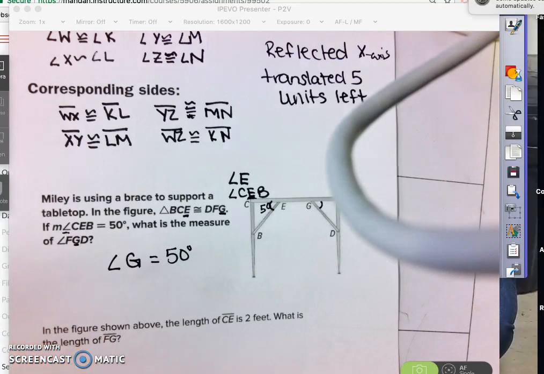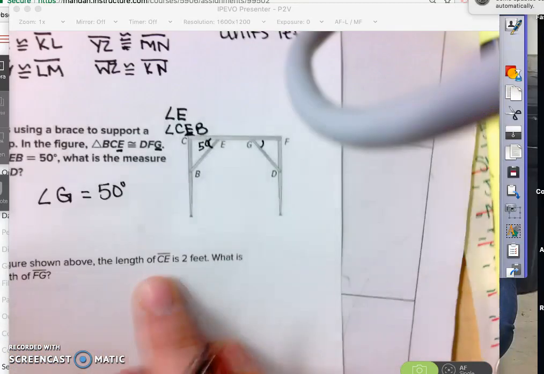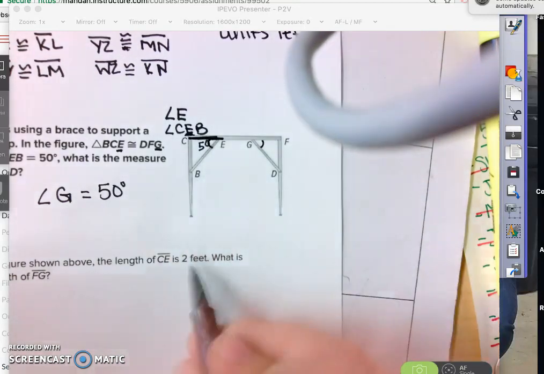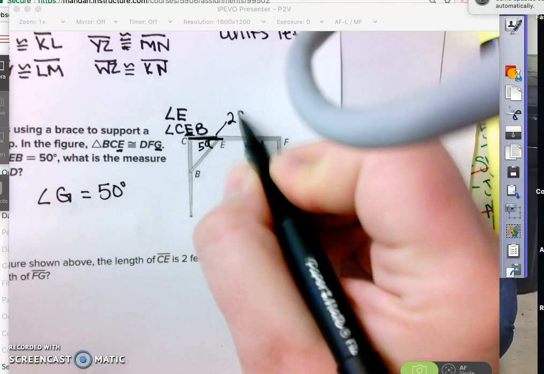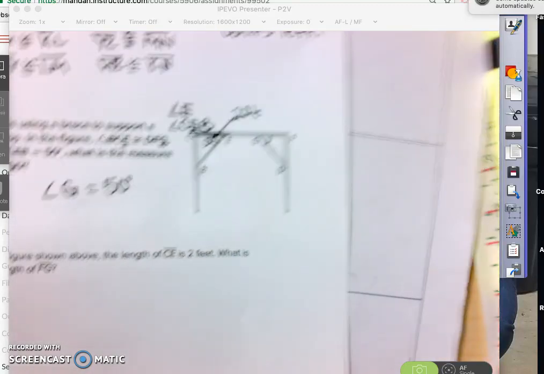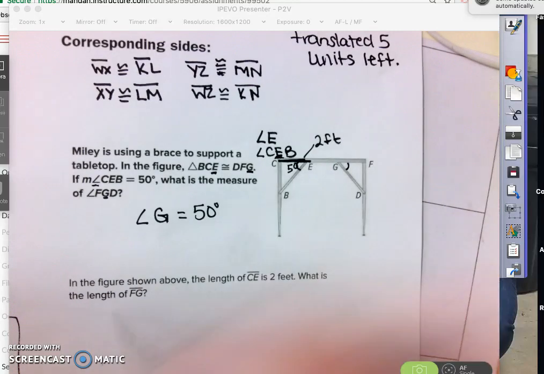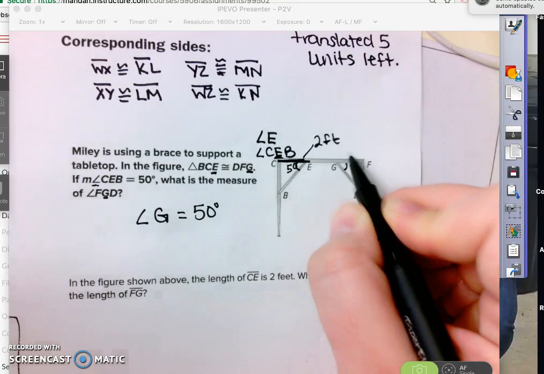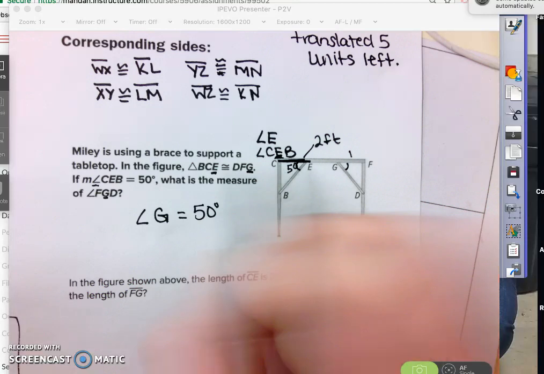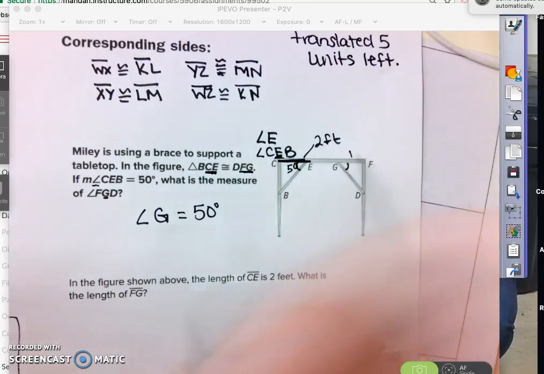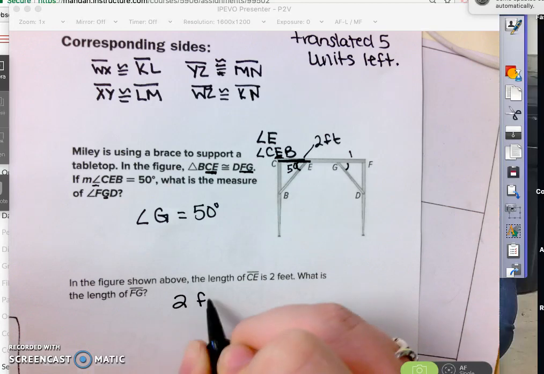Now, in the figure above, the length of CE, so right here, is 2 feet. What is the length of FG? Well, this side length, CE, the last two, FG is the last two, so therefore it's also 2 feet.